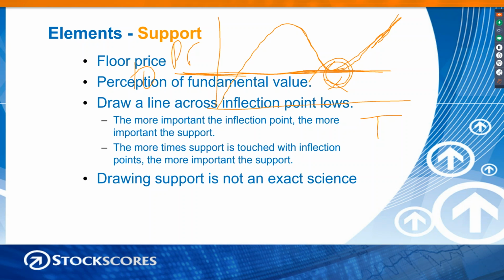And that's important because if we were to go down through that floor at a later date, it implies that someone has some information that justifies taking a lower price. So the reason we want to understand support and resistance is because these are lines in the sand that the market has drawn, which reflect buyers and sellers' perception of fundamental value.